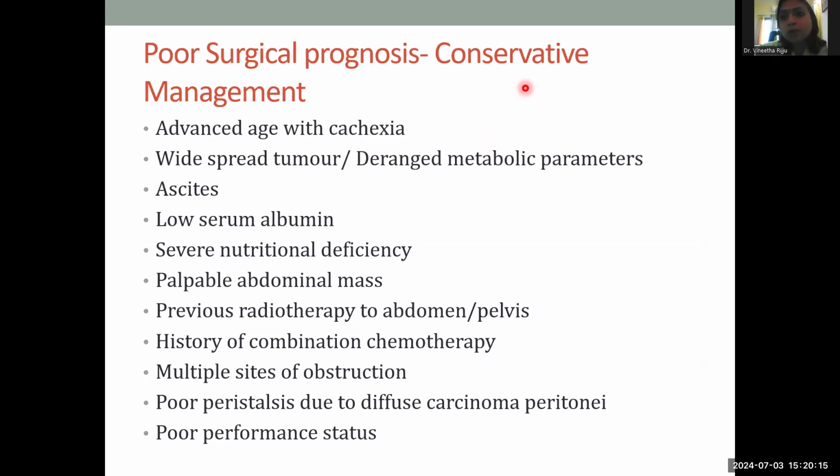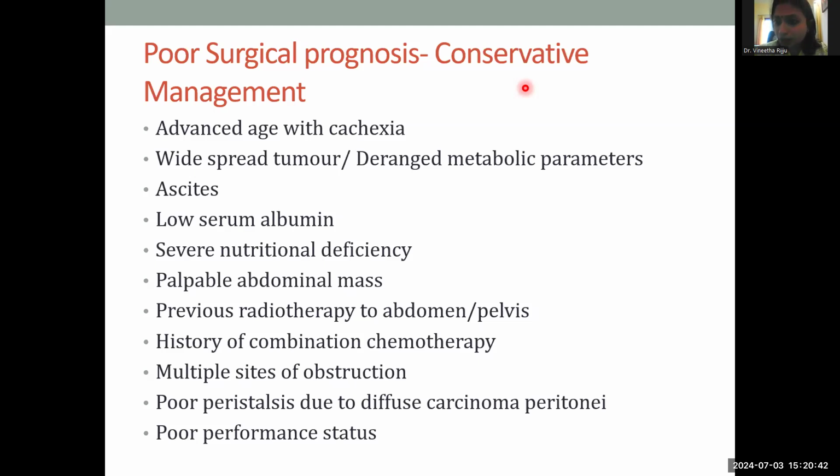Poor surgical prognosis is for patients with advanced age who are cachexic, widespread tumor, deranged metabolic parameters, and those with ascites, low serum albumin, severe nutritional deficiency, or those with a huge palpable mass, or those who have previously undergone radiotherapy to the abdomen and pelvis.